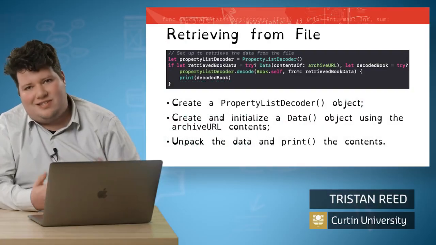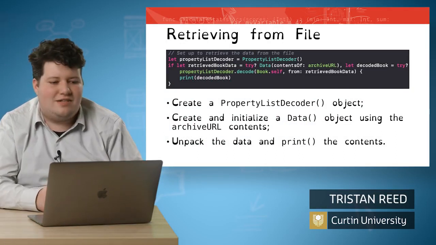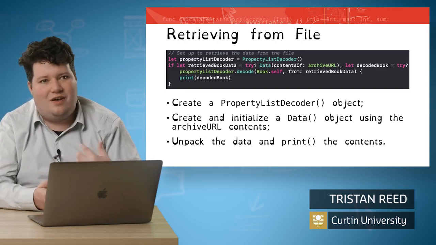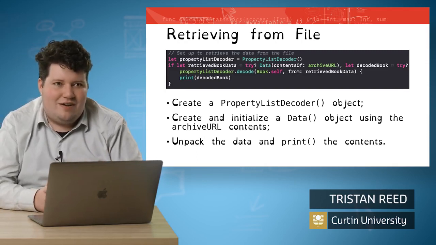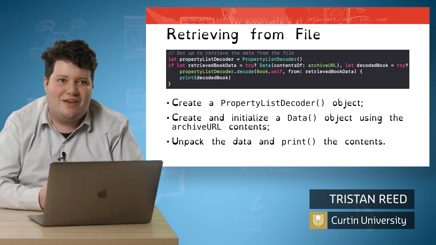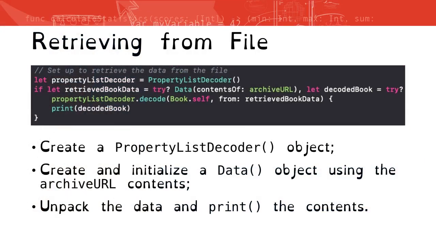So it's all well and good to save the data, but then it's not really useful unless we can then read that data at a later time. So retrieving from the file, much like encoding to decoding, writing to reading, it's a very similar sort of structure, and in a way it's both the same and the opposite of writing to a file. So the code here is a little bit more complicated, and we'll be going through it in more detail in our screencast.